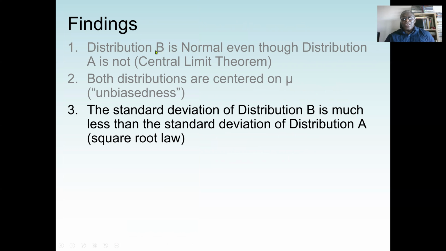Distribution B, again, is normal, even though distribution A is not. This is the central limit theorem. Both distributions are centered on the mean, which means, again, there's no bias, and it also means the mean of all the sample means is equal to the population mean.